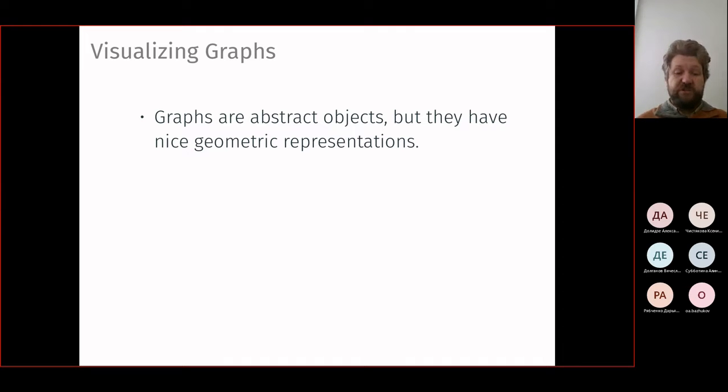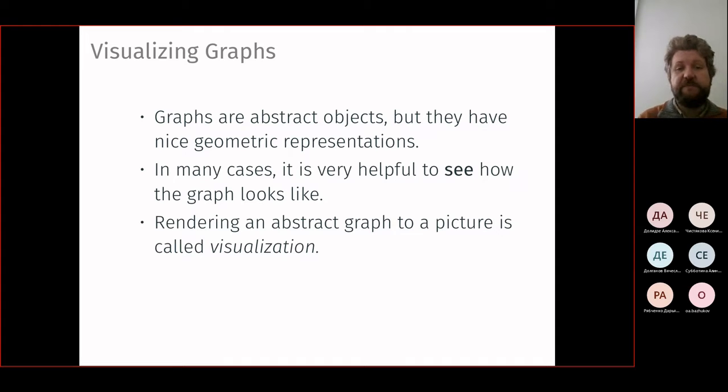So what can NetworkX do? We'll see it in our further discussion, that it has convenient ways of computing something about the graph and stuff like that, but also, well, you see, graphs are abstract objects, but they have nice geometric representations. And using NetworkX, you can visualize them, draw them on the plane.